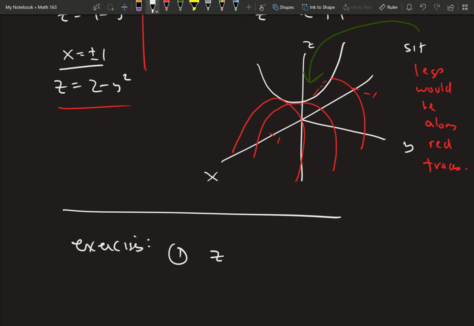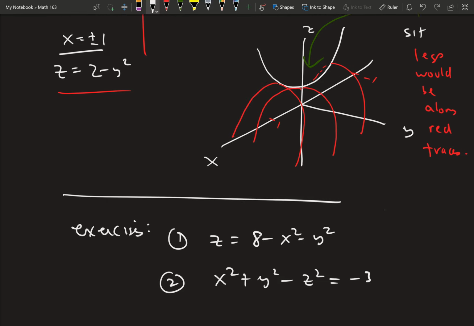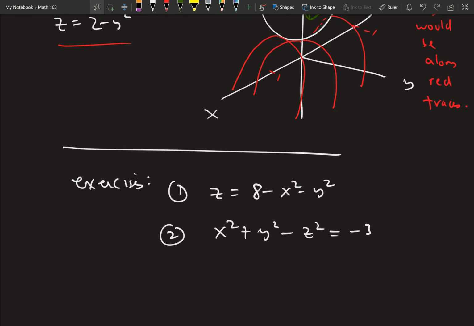Okay, I'll leave you here with a couple of exercises. One is graph z equals 8 minus x squared minus y squared. And the second one is x squared plus y squared minus z squared is equal to minus 3.